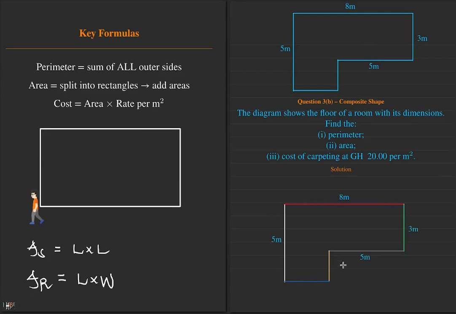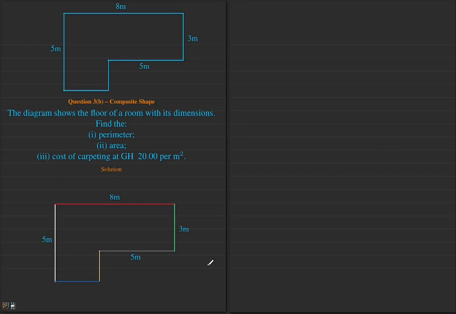Now, if we look at the figure, you realize that I've changed the colors. That is just to help us find the dimensions of the places we have not been given. So we want the dimension of this particular section, and we also want the dimension of this particular section.